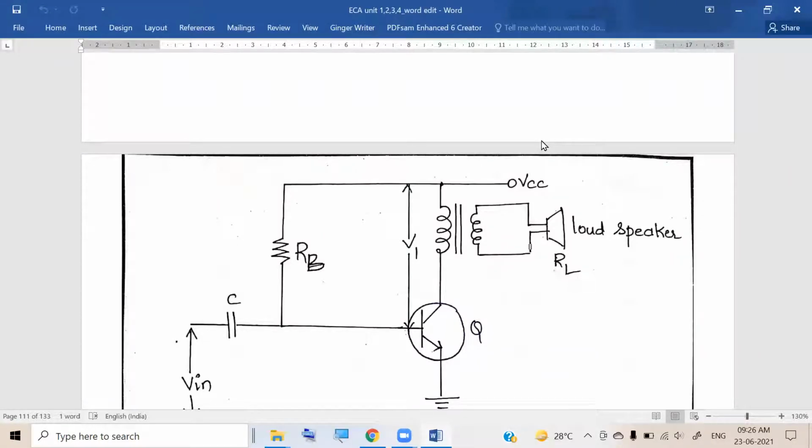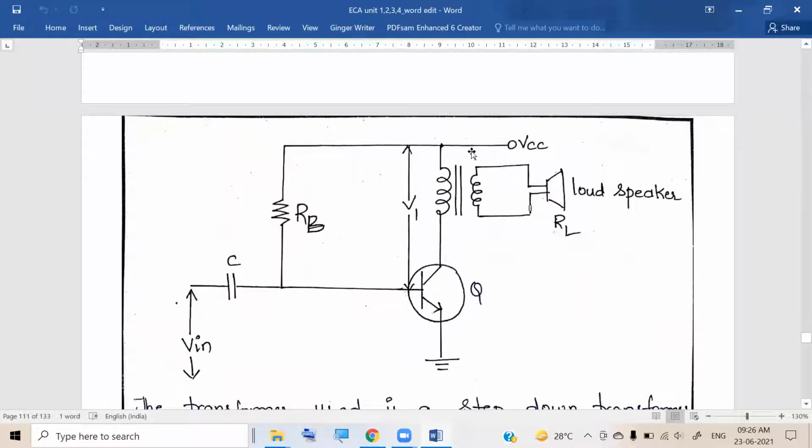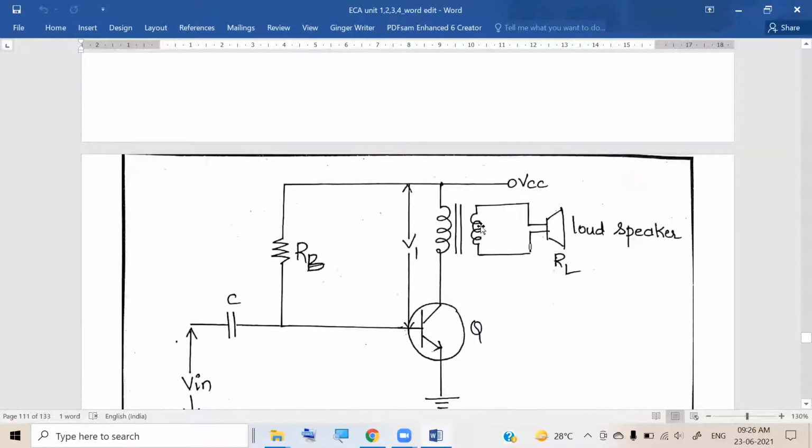The ideal case, the DC resistance between VCC and collector. We discussed that resistance is 0. If that resistance is 0, then what do we have? Resistance is 0 means the DC potential difference across those 2 points is 0.